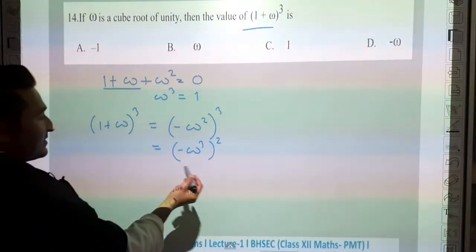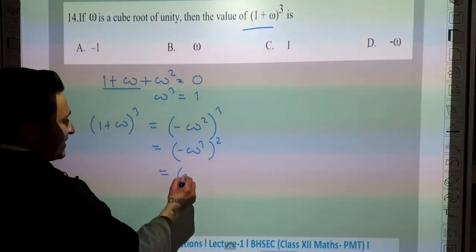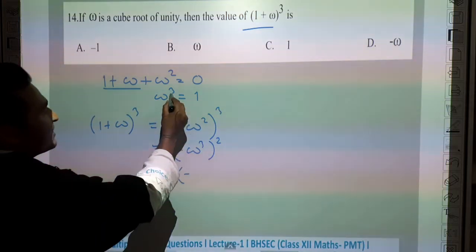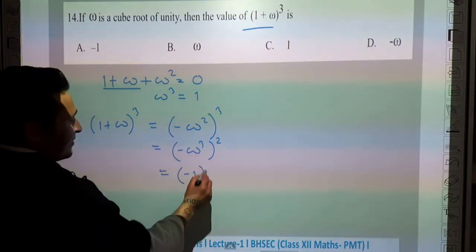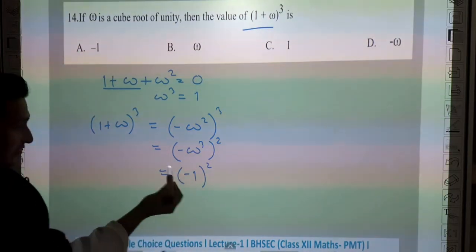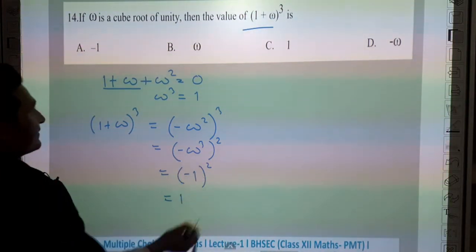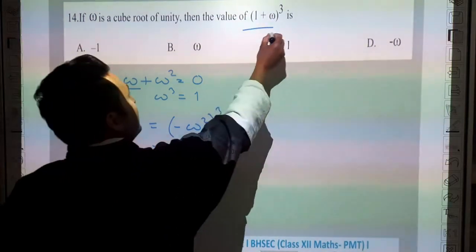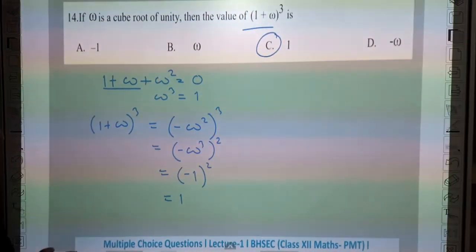We can write like this, isn't it? So minus is there, and omega cube is equal to 1, so 1 square, which is the square of negative 1, is 1. So the correct option is option C.